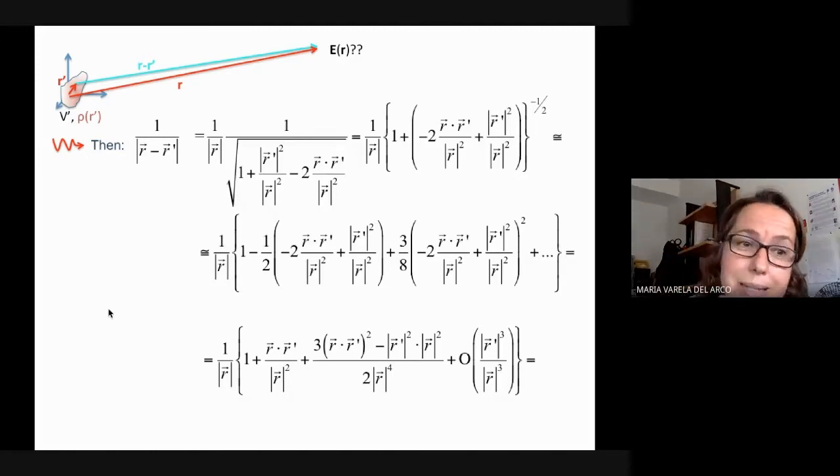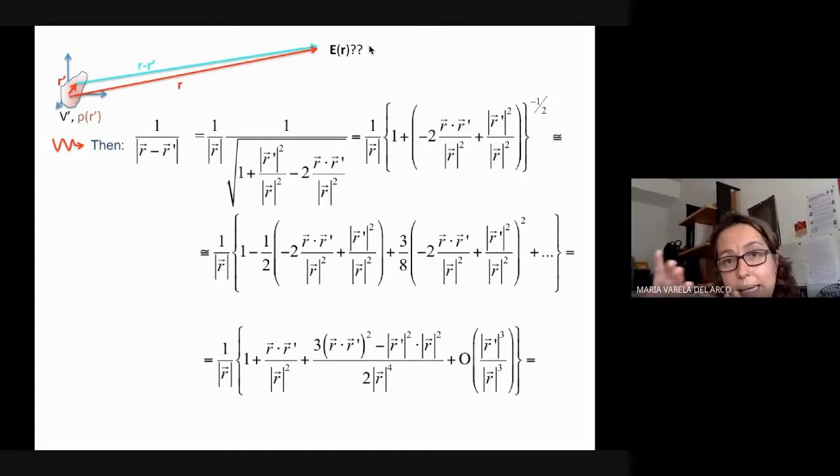And since r prime is always much smaller than r, those terms are going to be tinier, tinier, tinier, and tinier. So I'm actually going to cut my series short in the term where I have r prime squared over r squared. And you would say, wait a minute, this is r prime squared over r to the 4th.